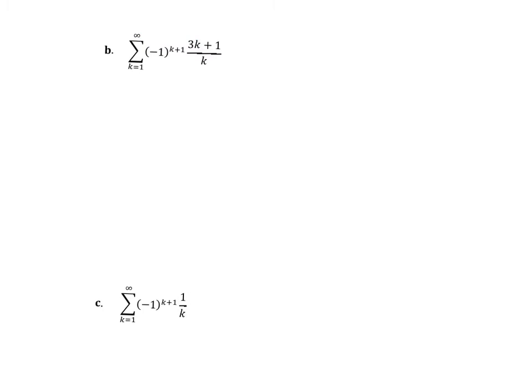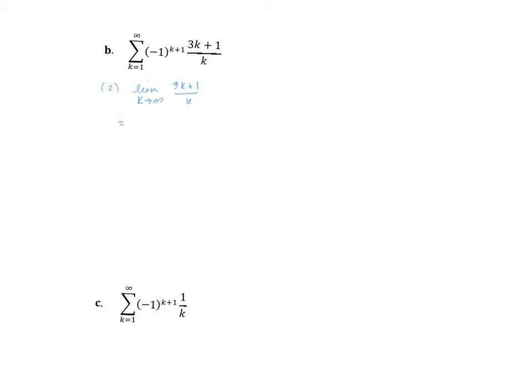In example B, we have an alternating series, 3k plus 1 over k, and then we have our -1 to the k plus 1. So it is alternating. Again, I'm going to do my limit first. I'm going to take the limit as k goes to infinity of 3k plus 1 over k.